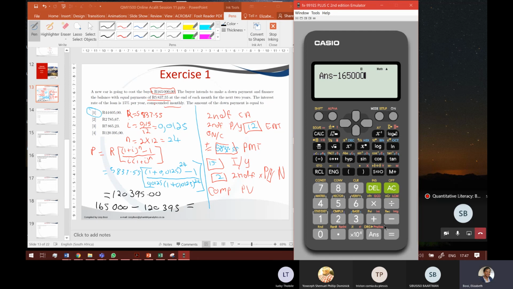So 165,000 equal, and my answer will be 44,605, because it's in rand, to the nearest rand. So when we round it off, then we'll get option number 1. And that's how you calculate.